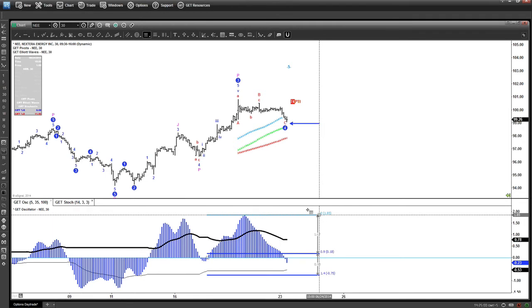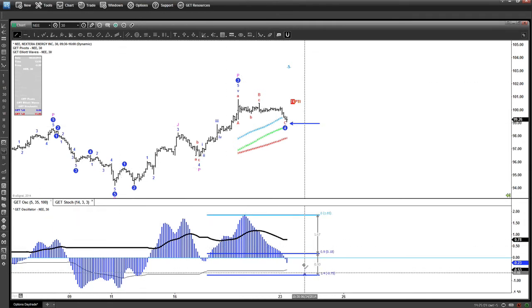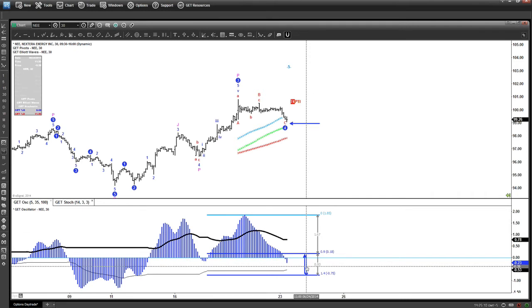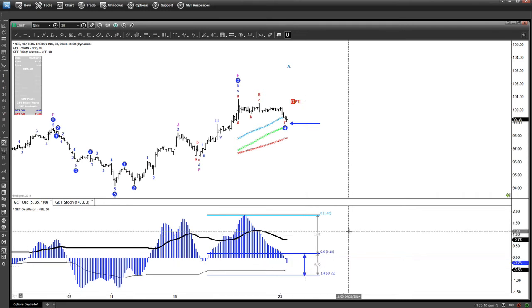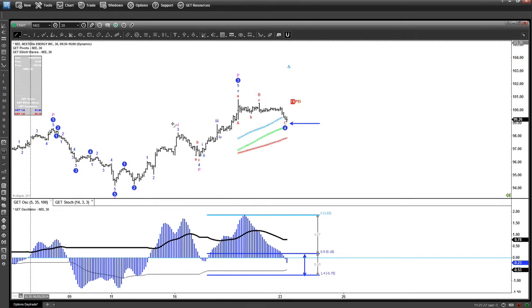As long as that oscillator during the wave 4 stays between 90, which is this upper level, and 140%, which is that lower level, there we go, between 90 and 140%, this market has the strongest chance of fifth wave development.